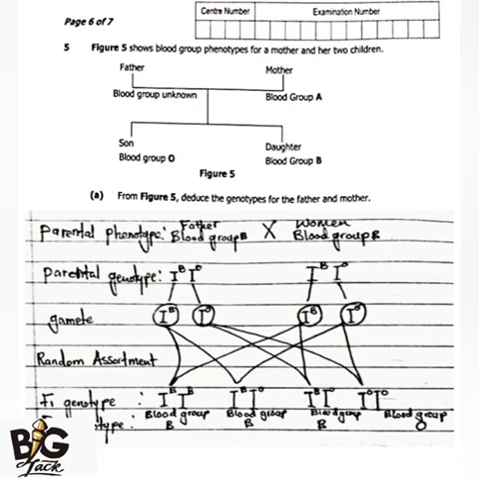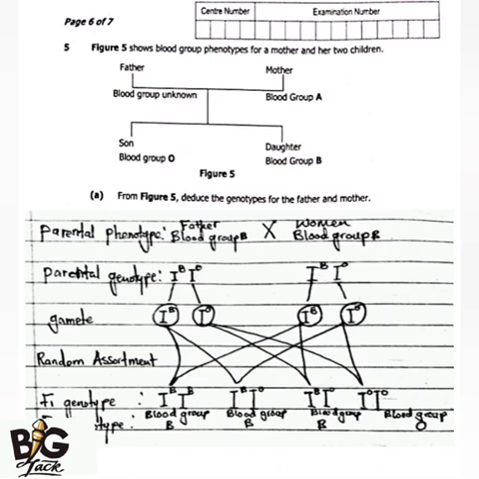Capital I to the power B is going to combine with every allele of the woman. As the result, the first one is going to be blood group B as homozygous dominant, because we are having capital I to the power B, capital I to the power B. Then the next one is blood group B as heterozygous dominant, because we are having capital I to the power B, capital I to the power O. Let's move on to the next one, which is capital I to the power O for the father.